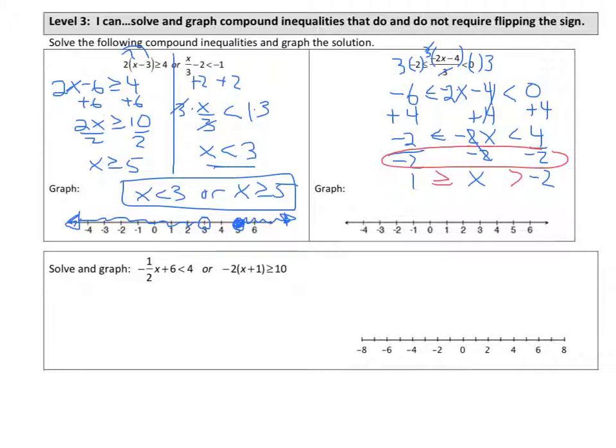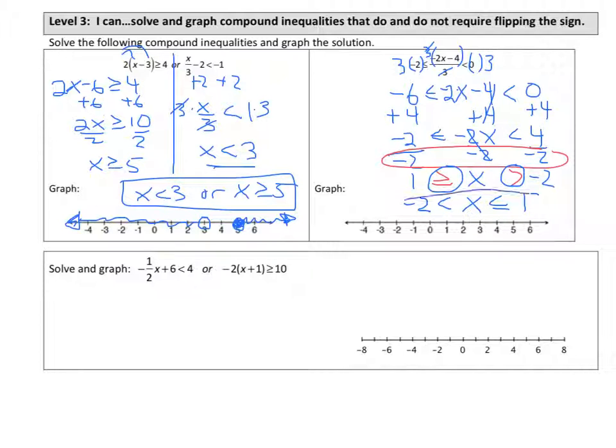Now, if you want to, you can rewrite your inequality with the numbers in order, with the lowest number first. So I would write negative 2, and then I take this inequality and flip it, because I'm writing it the opposite way, and then I have x, and then I take this inequality and flip it and put 1 here.